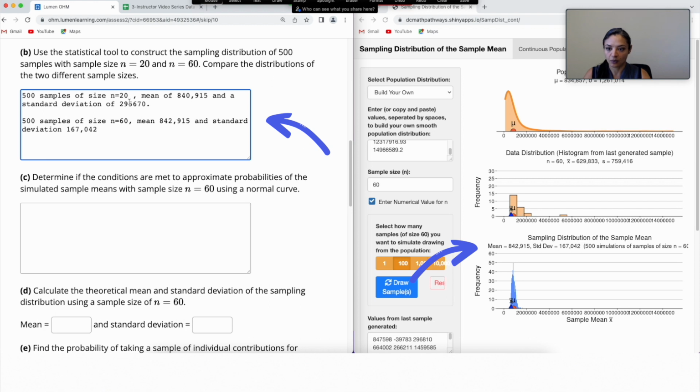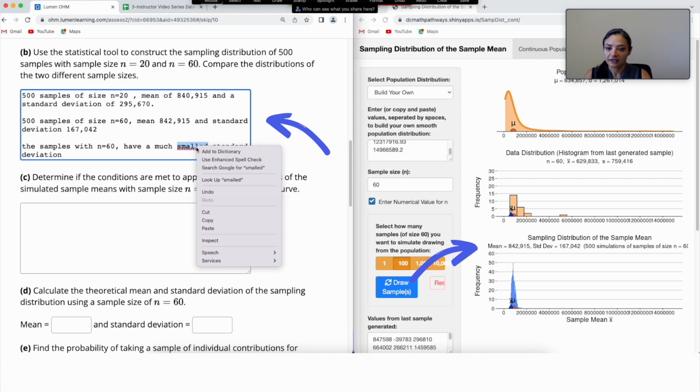And so what we can tell here is that although this is still skewed, the samples with n equals 60 have a much smaller standard deviation. So that's one thing to note there.